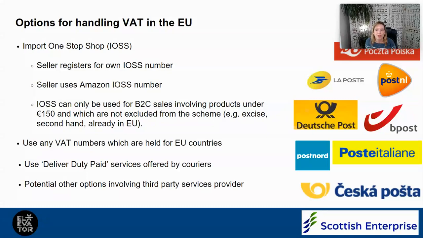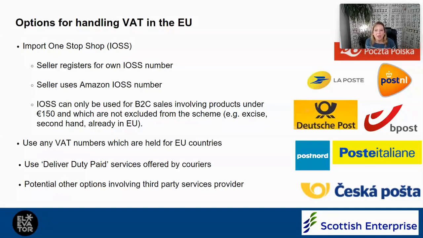Nothing's changed as far as they're concerned. And as we do here in the UK, the seller then just has to report these sales, collect the VAT that's applicable according to the country that they're registered in, and submit a single VAT return to their selected tax authority with a single VAT bill. So it's exactly like we do here in the UK, except with IOSS, it is covering the whole of the EU.